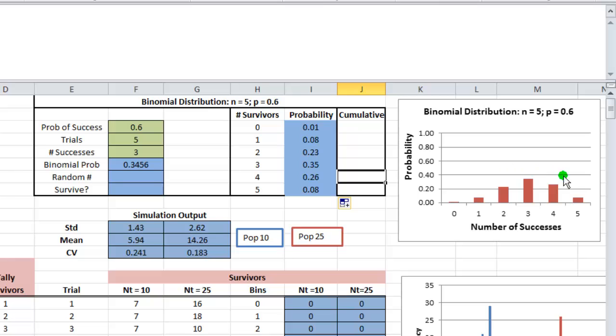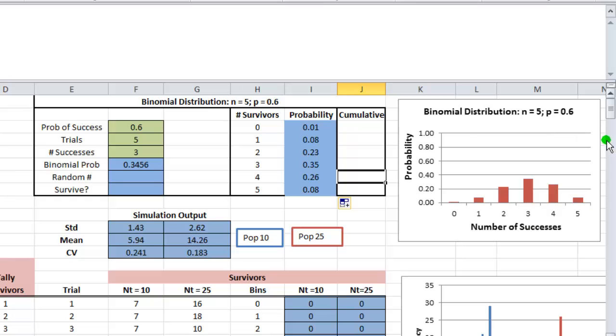So this is just a histogram showing these different outcomes. Now you'll notice that we've entered the binomial distribution with a title, and we've specified the number of trials as 5 and the probability of success, or the probability of survivorship, as 0.6.